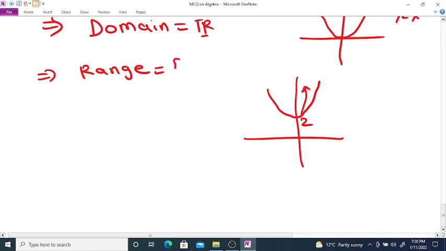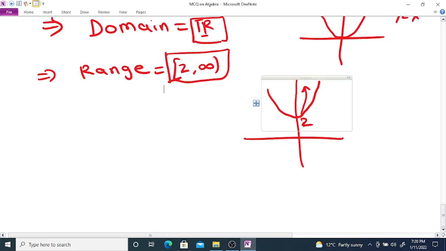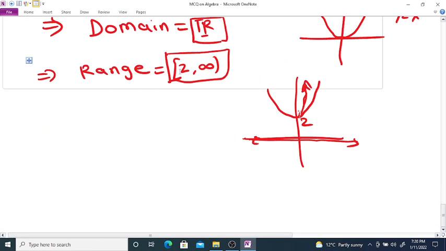So domain is R and range is equal to 2 to infinity. You can see here the x-axis represents domain, so this function is defined everywhere, so domain is R, and the y-axis represents range, so y is 2 to infinity.